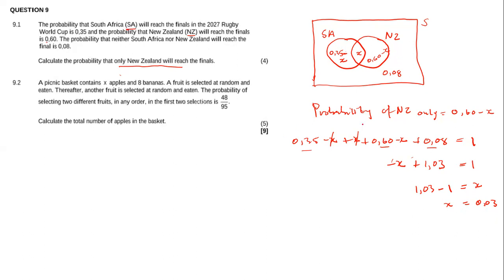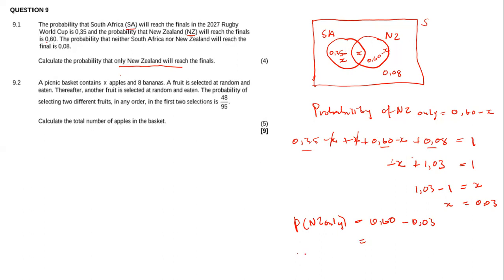So now what is the probability of New Zealand only? Now we go back to our equation. The probability of New Zealand only will be equal to how much? We said it's 0.60, subtract our X in this case, which is 0.03.